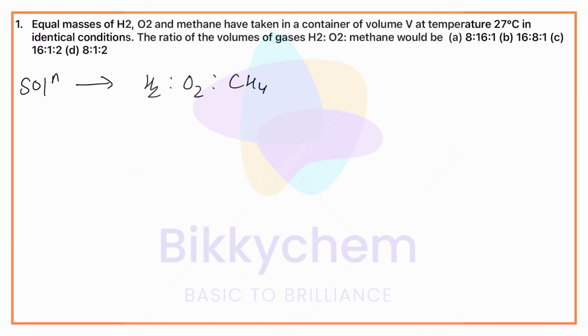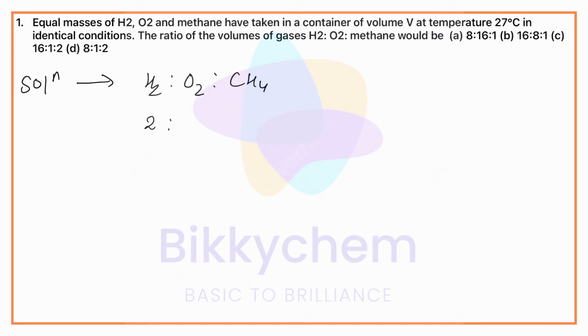We know that the molar mass of hydrogen is 2, oxygen is 32, and methane is 16. So if I cross this one, it is coming as 1 ratio 16 ratio 8.